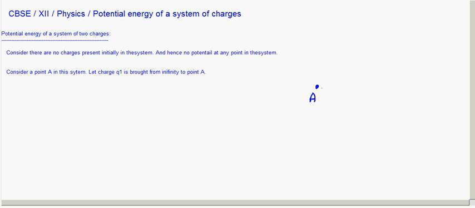So our initial potential at point A is V_A equal to 0, because we do not have any charge initially.